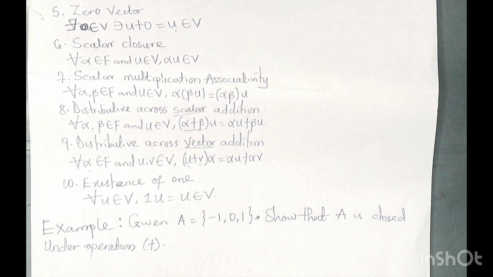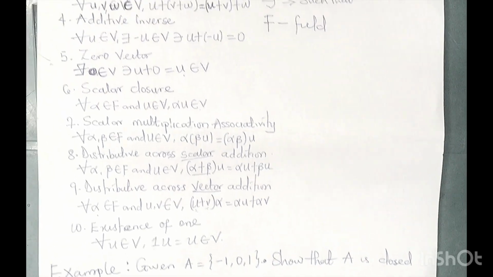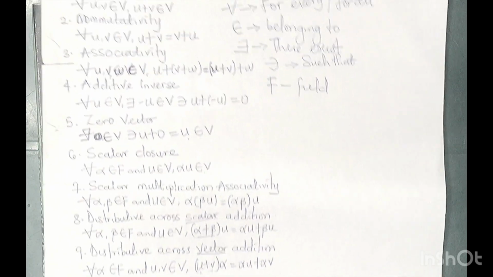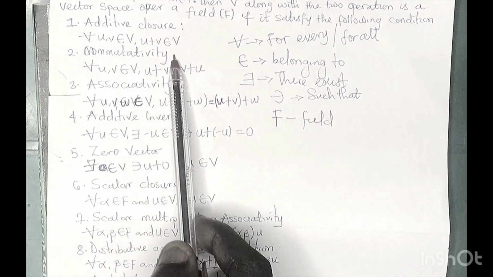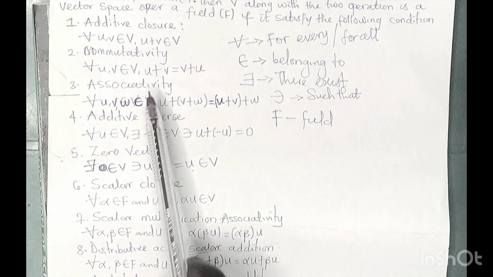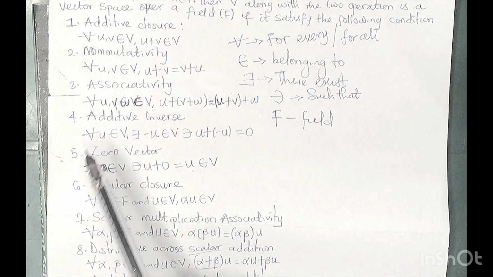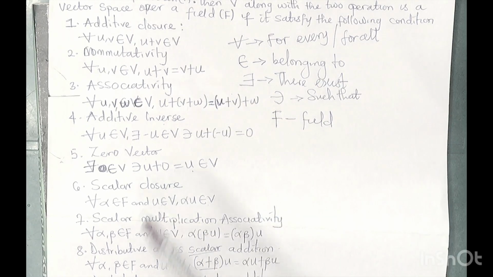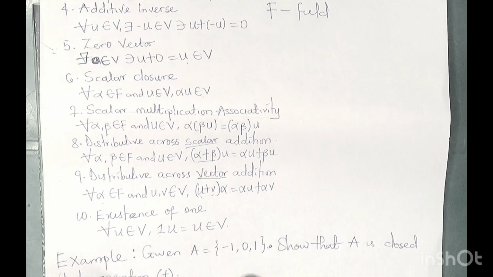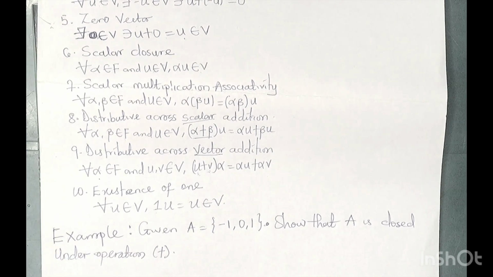Now, for us to show that A is closed under addition, it means that we have to show that A satisfies additive closure, commutativity, associativity, additive inverse, and the zero vector. If these 5 things are satisfied, then we'll say that A is closed under the operation.